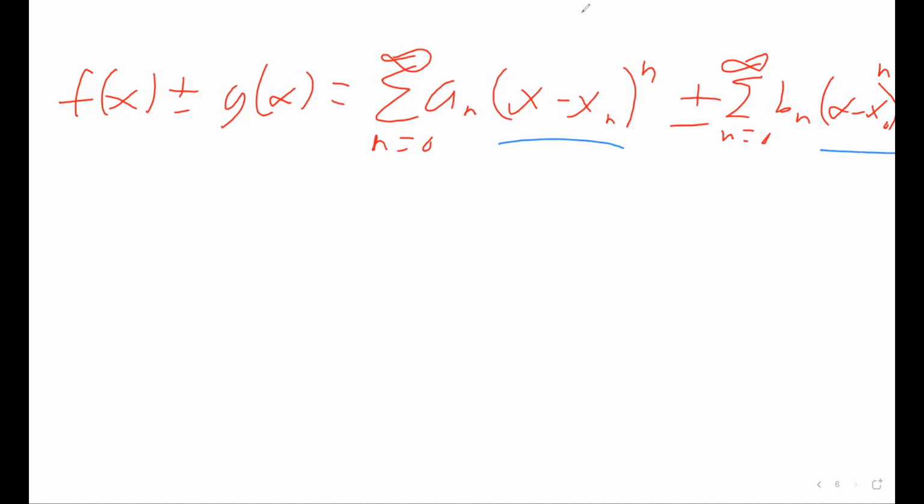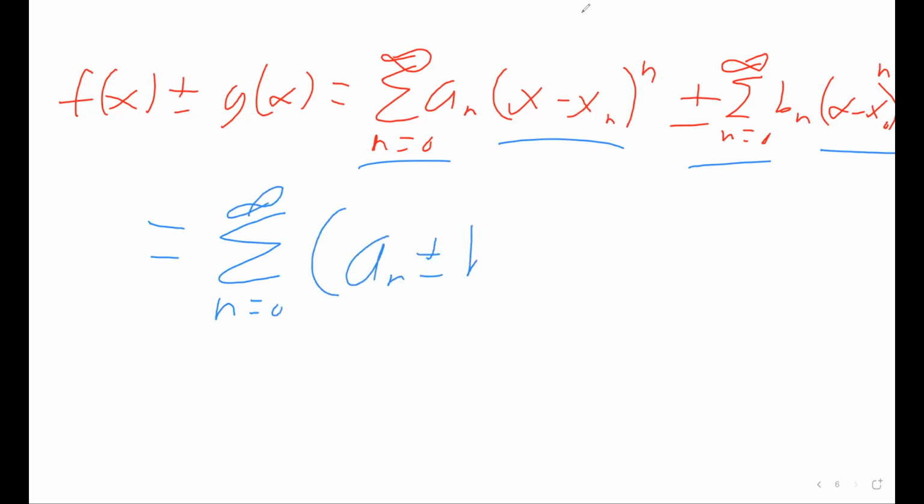We have the same thing being multiplied, the same indices, and it's plus or minus. So we can combine this into just an a plus or minus the b, with an n. So that's nice. Plus or minus, we can bring them together.